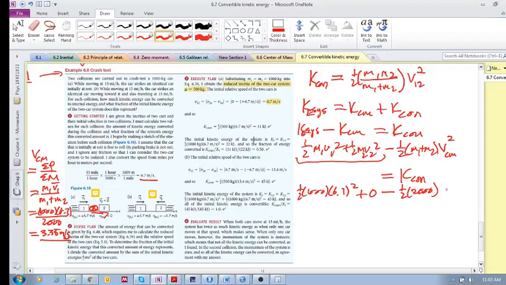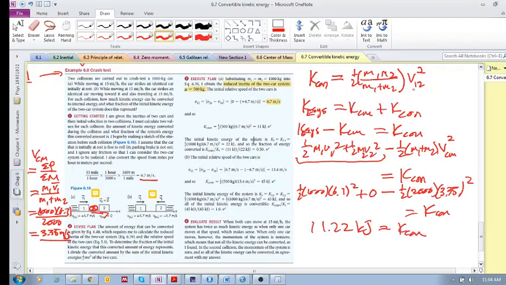So this is then 3.35 squared equals my convertible kinetic energy. If you calculate that, I got 11.22 kilojoules as my convertible kinetic energy.